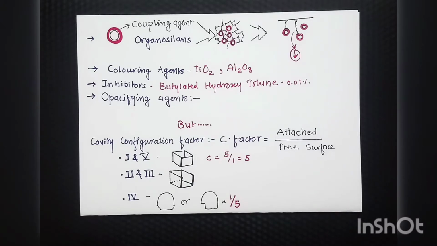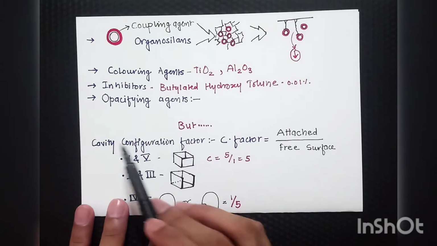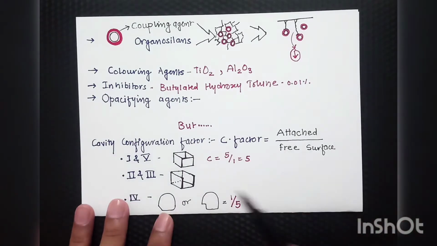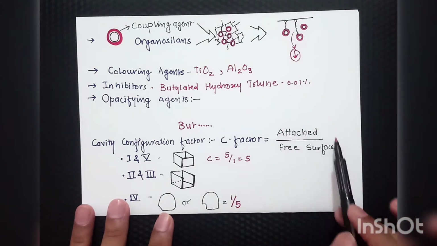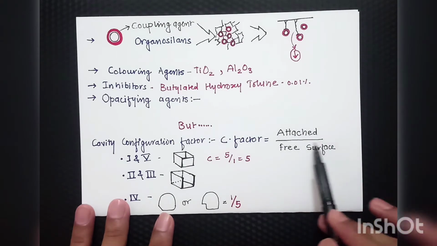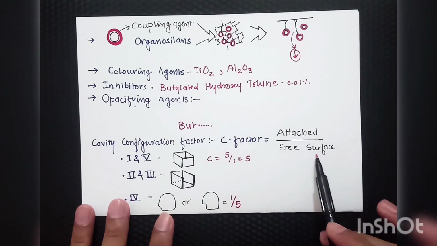Even after the addition of this filler material, we have the problem of shrinkage. The composite material still has the tendency to shrink, and this adds the concept of the cavity configuration factor, that is the C factor. What is the C factor? It is the ratio of the attached surface of the cavity and the free surface of the cavity.